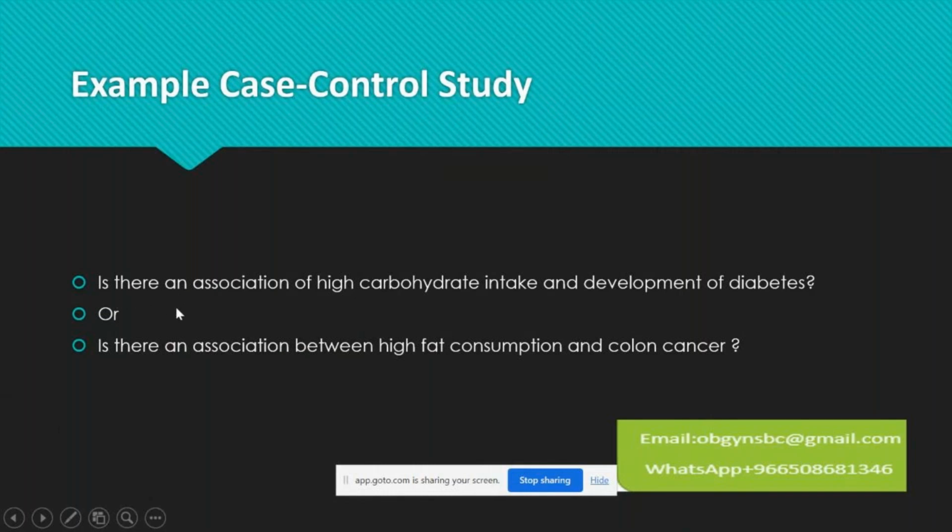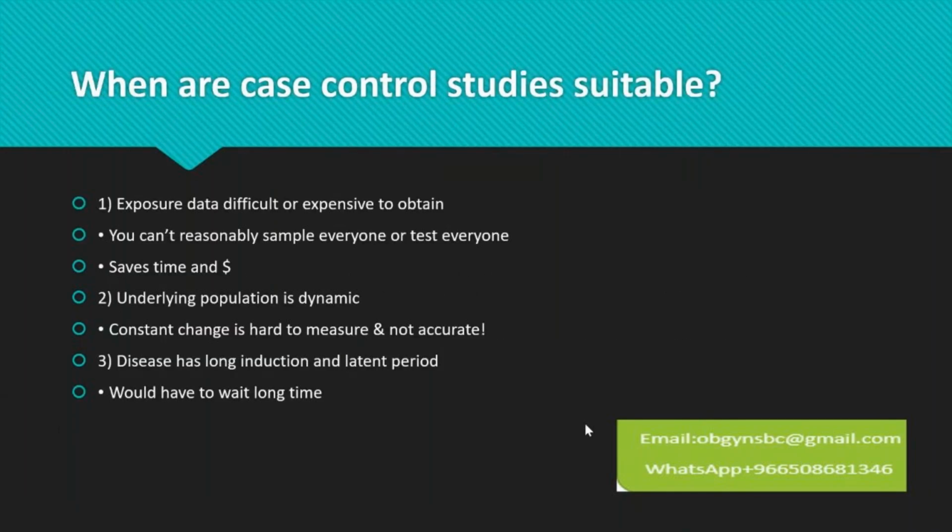Is there an association of high carbohydrate intake and development of diabetes? Or is there an association between high fat consumption and colon cancer? This type of study question can be answered with the help of case control studies.